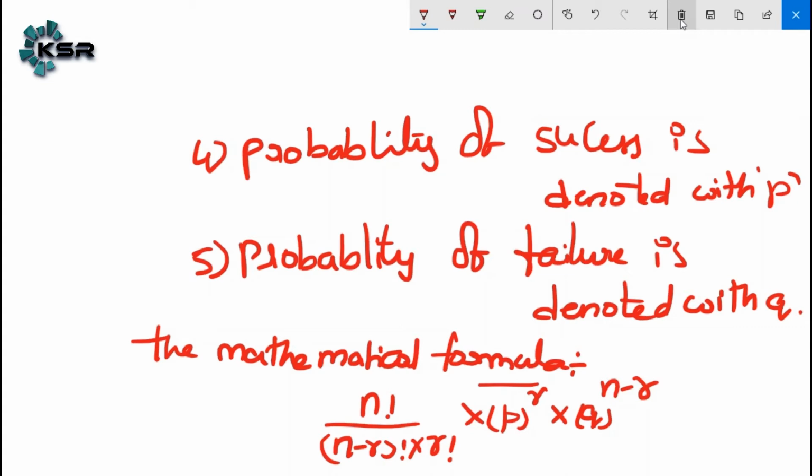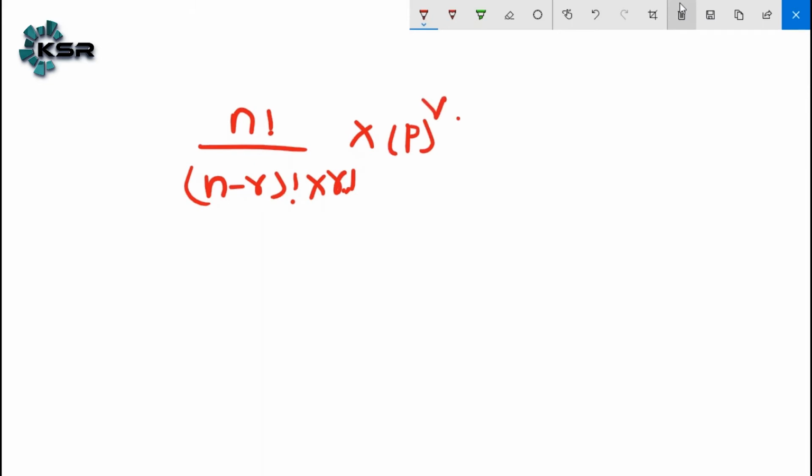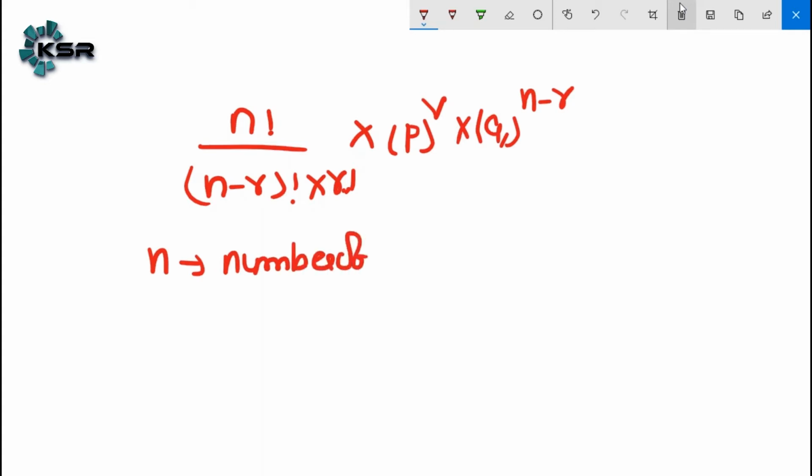Let me write down the formula again: n factorial by (n minus r) factorial into r factorial, p to the power of r into q to the power of (n minus r). N is the number of trials, that means the total number of trials.